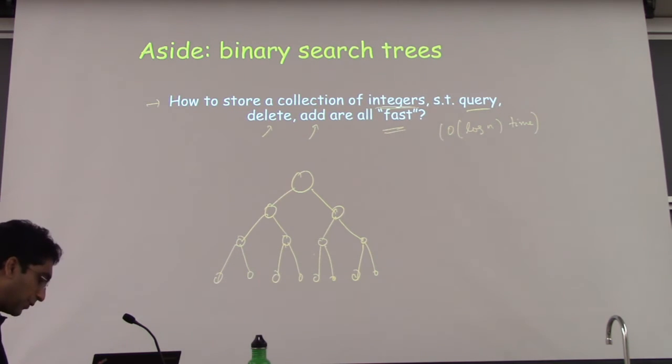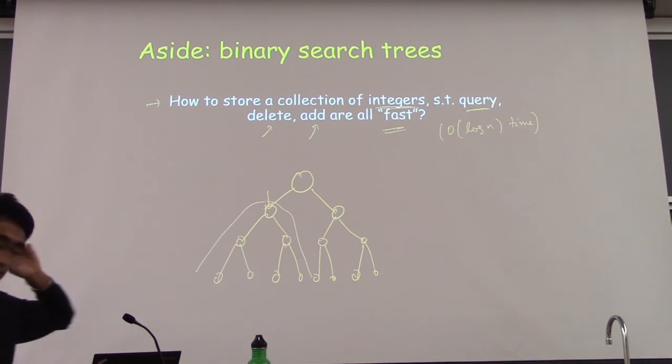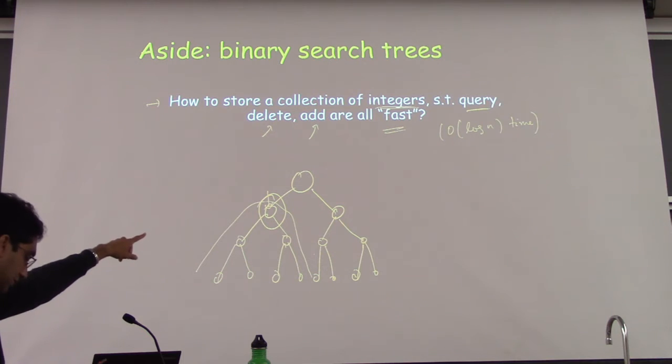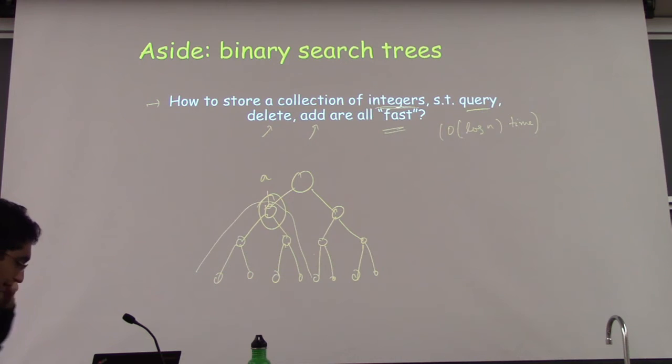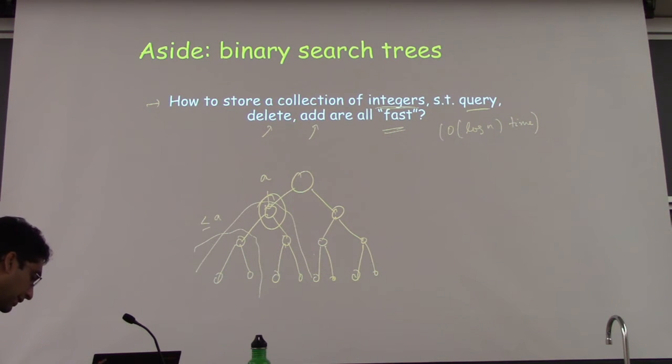And you want this nice property: if you take the root of any subtree, you could have taken the full tree for example, the root stores some element A, and all the elements to the left of A are smaller than or equal to A, and all elements to the right are bigger than A. So this is what is called a binary search tree.